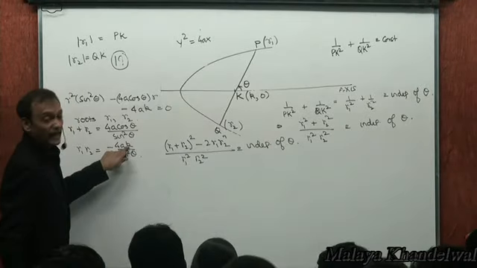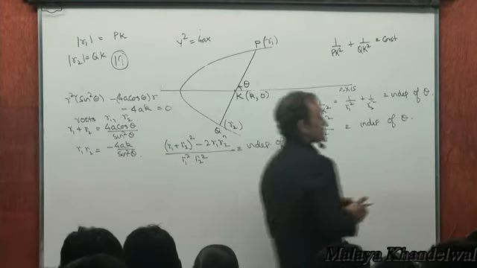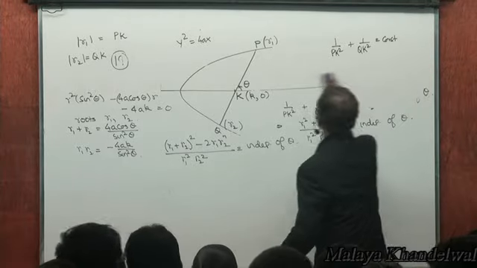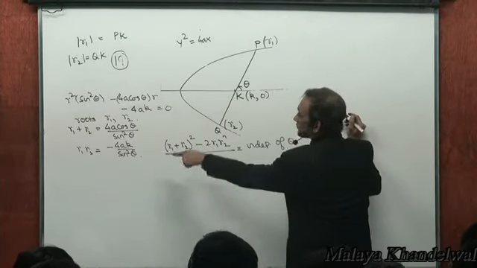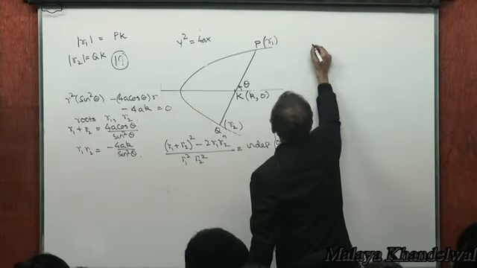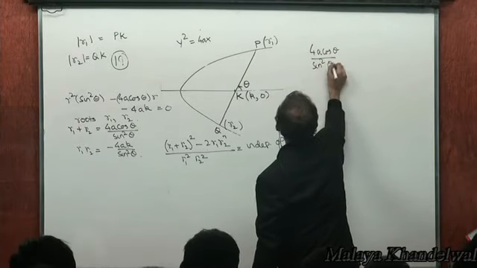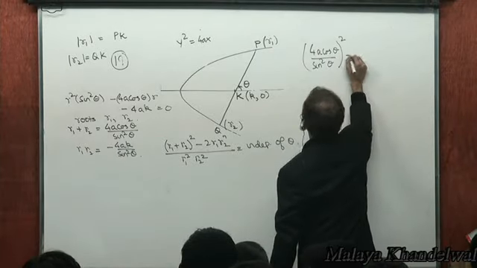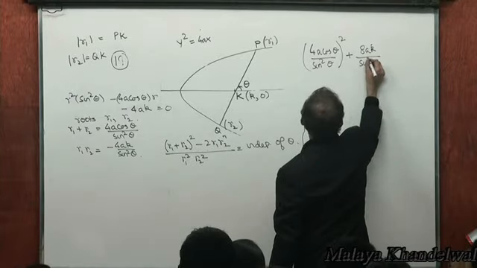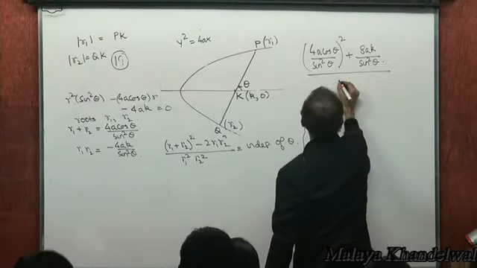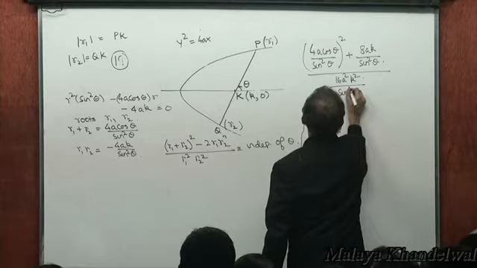Such should be k, right? Which means (r1 plus r2) whole squared, which is (4a cos theta by sine square theta) whole squared, minus twice r1 r2, meaning 8ak by sine square theta, by (r1 r2) whole squared, meaning 16a squared k squared by sine to power 4 theta.